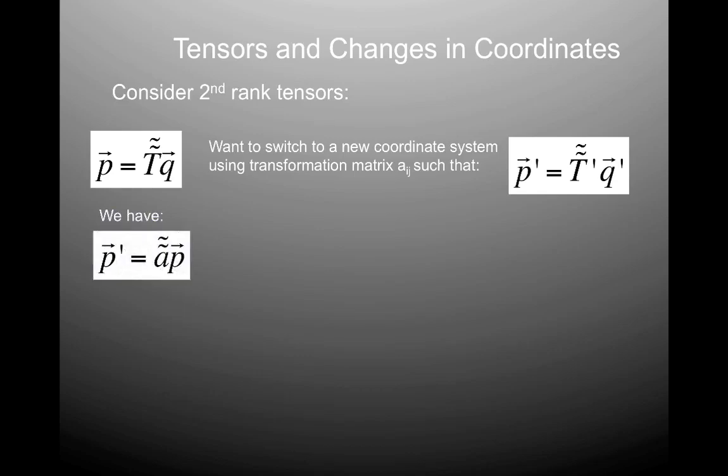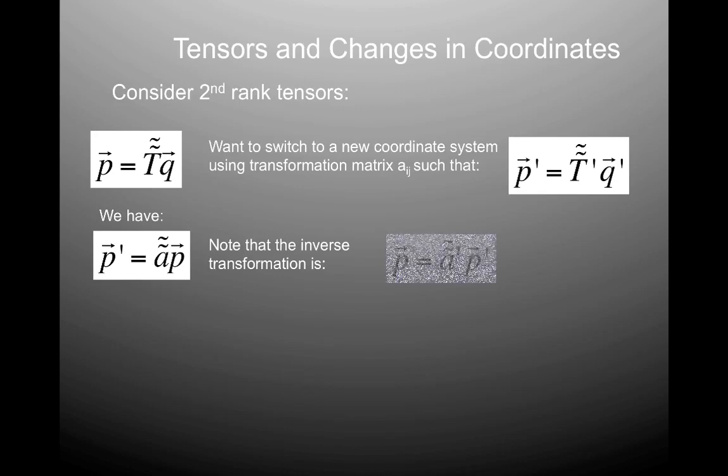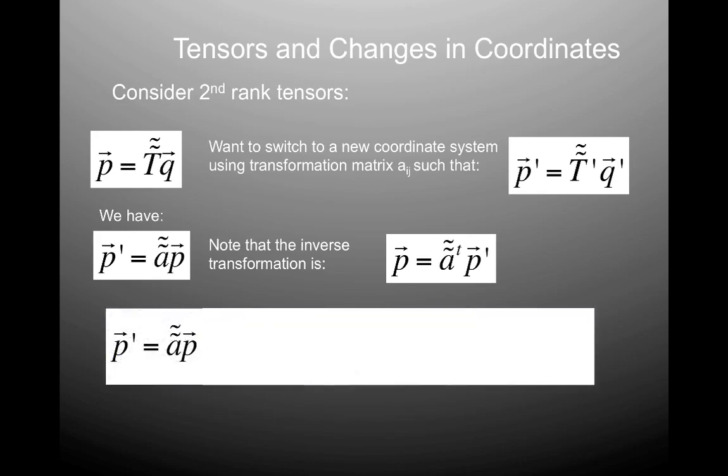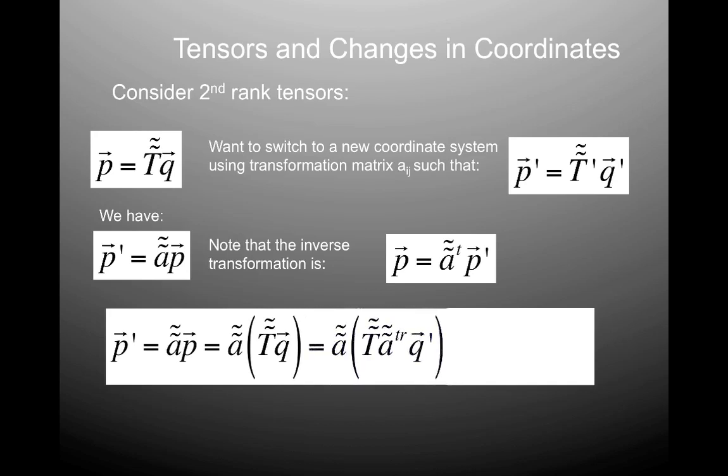Let's list what we know at this point. Well, we know that p prime is related to p by multiplication of a transformation matrix. And we've already pointed out that the inverse transformation, going from p prime back to p, involves using the transpose of the A matrix. So if we write down p prime in terms of p, we have this expression. If we substitute in for p the linear mapping, t times q, then we can replace q with its transformation in terms of q prime.